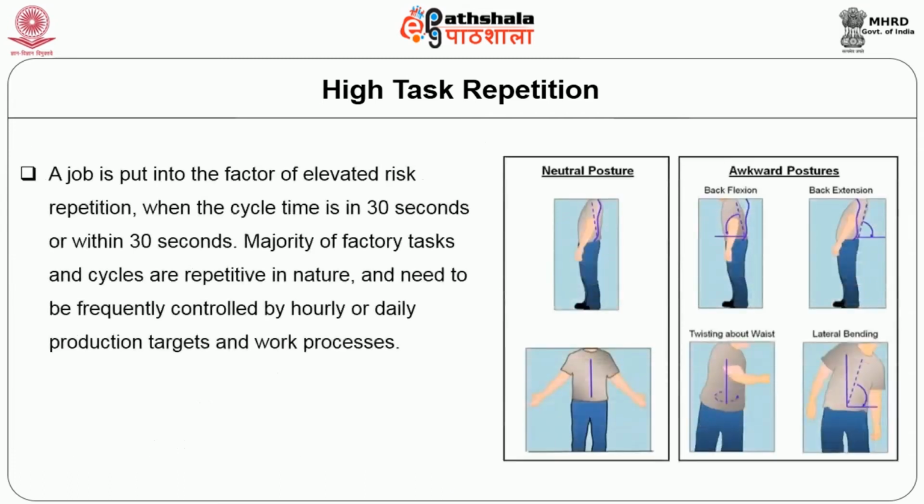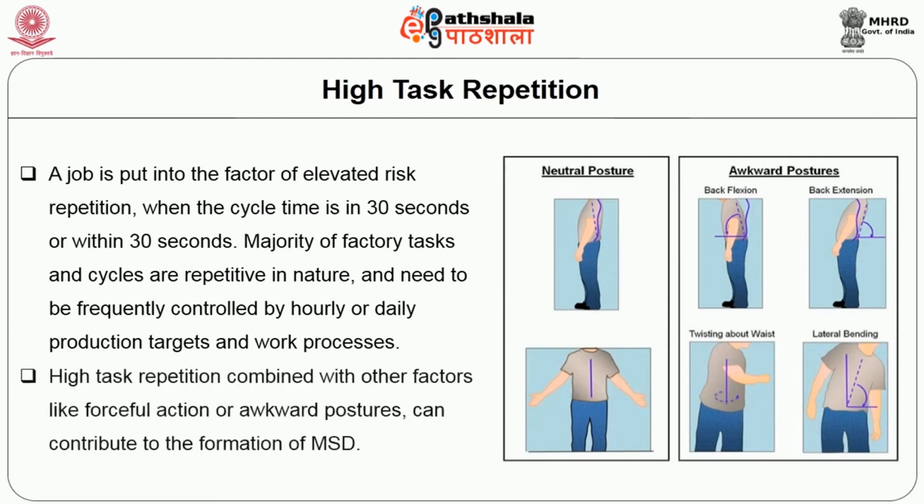A job is put into the elevated-risk repetition category when the cycle time is 30 seconds or less. In the majority of activities, you could see that the cycles are repetitive in nature and frequently controlled by hourly or daily production targets and work processes. High task repetition combined with other factors like forceful action or awkward procedures can contribute to the formation of MSD.